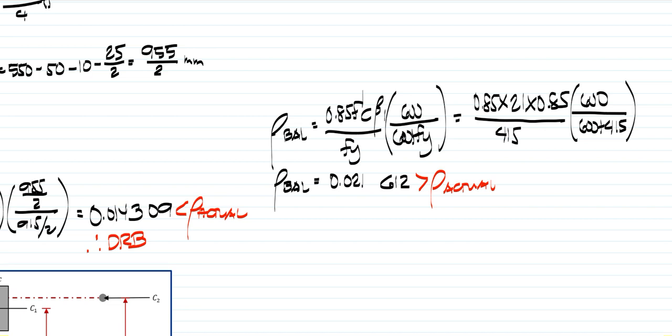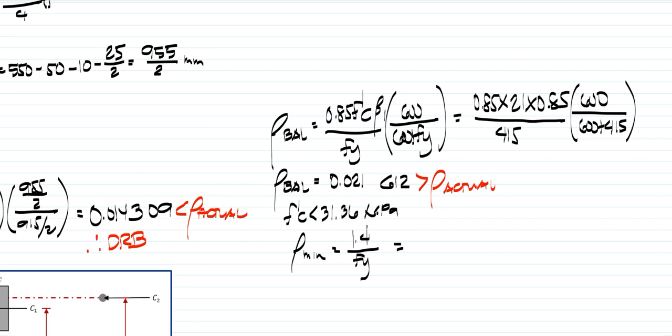So, since our f'c is lesser than 31.36 megapascal approximately, we can say that our rho min is equal to 1.4 over fy.